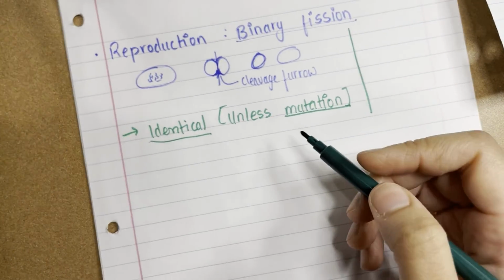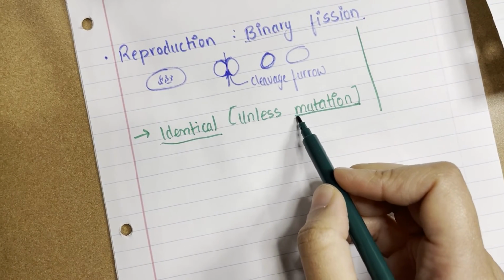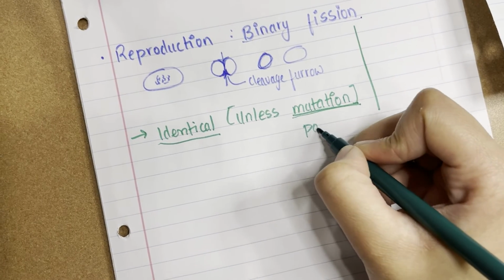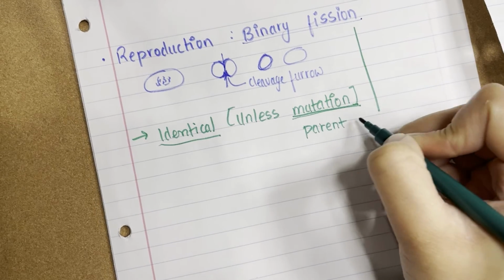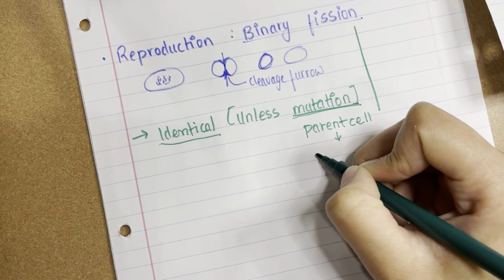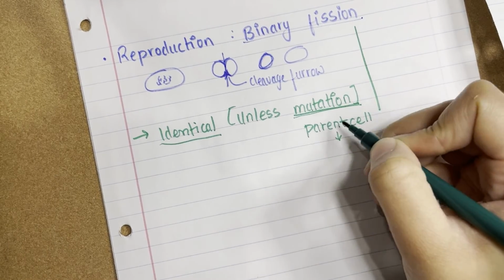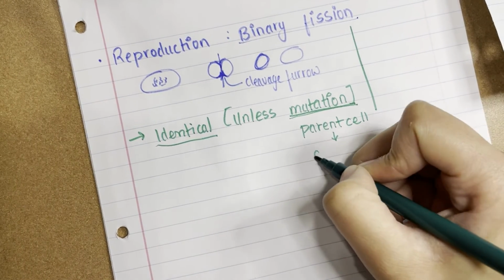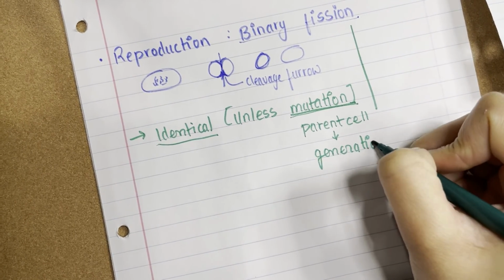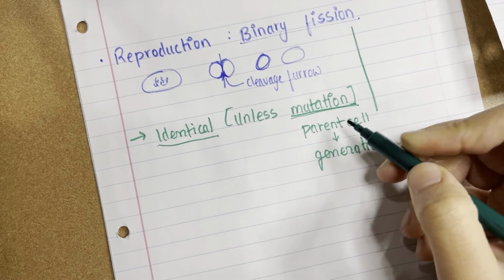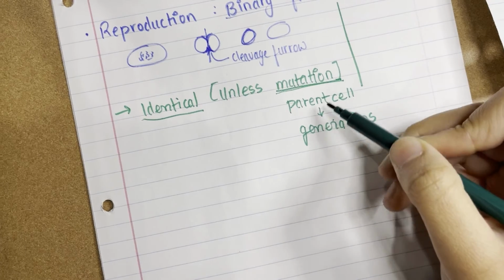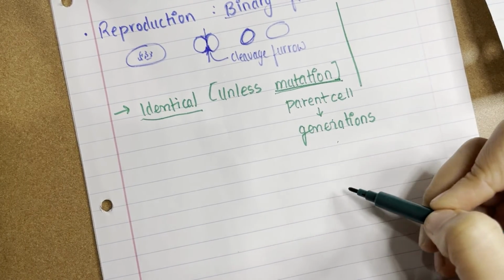No, because when mutation occurs, the parent cell gives the mutation to its generations. And because of mutations, this keeps changing as mutations occur generation by generation.